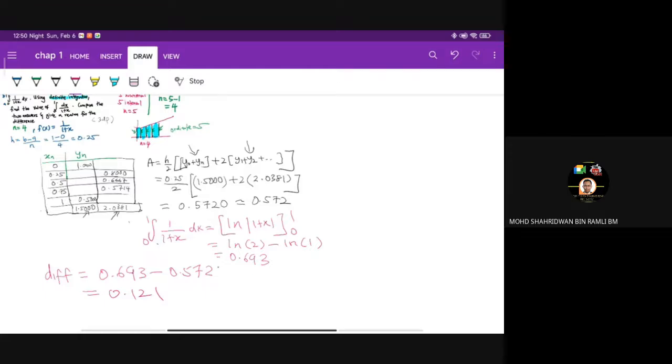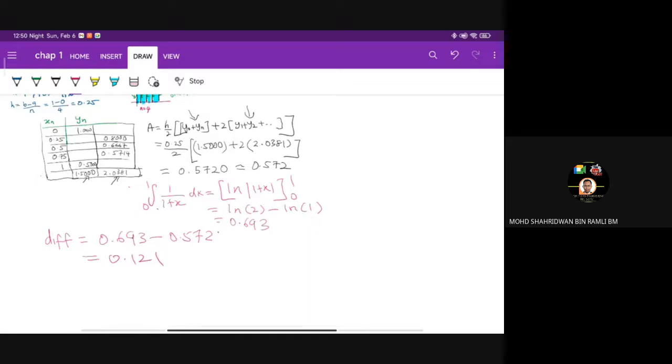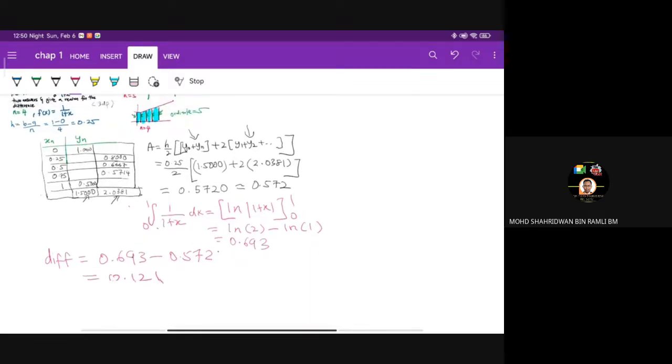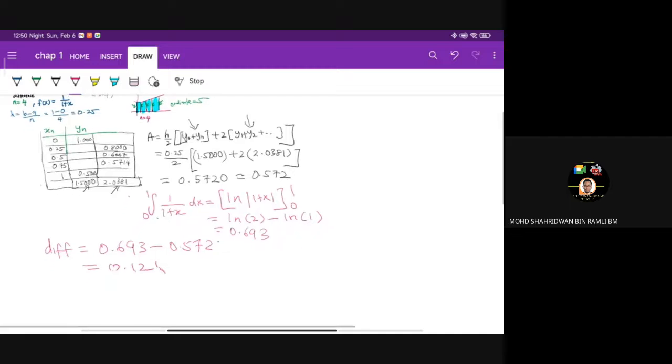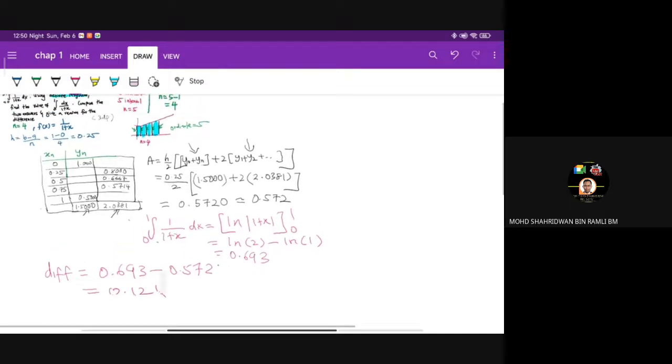So what do you have to comment about this one? Basically, this is your actual area. I forgot to explain, this is the actual area, and this one is the approximate area.